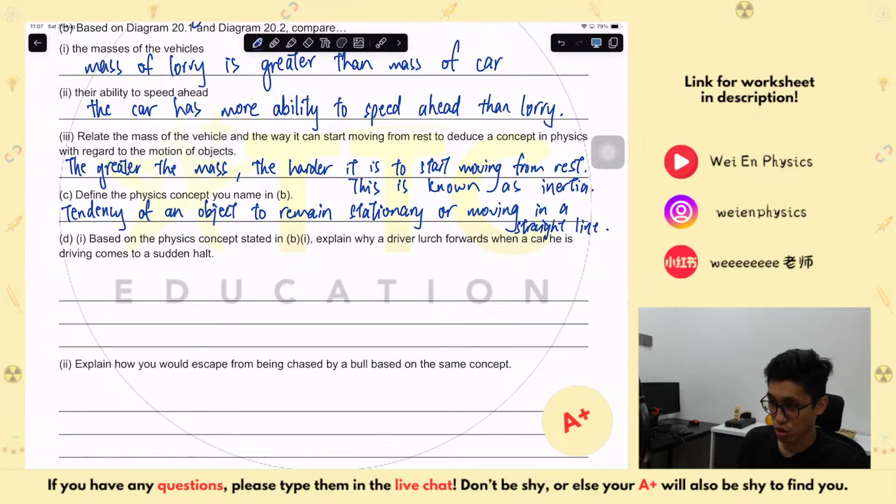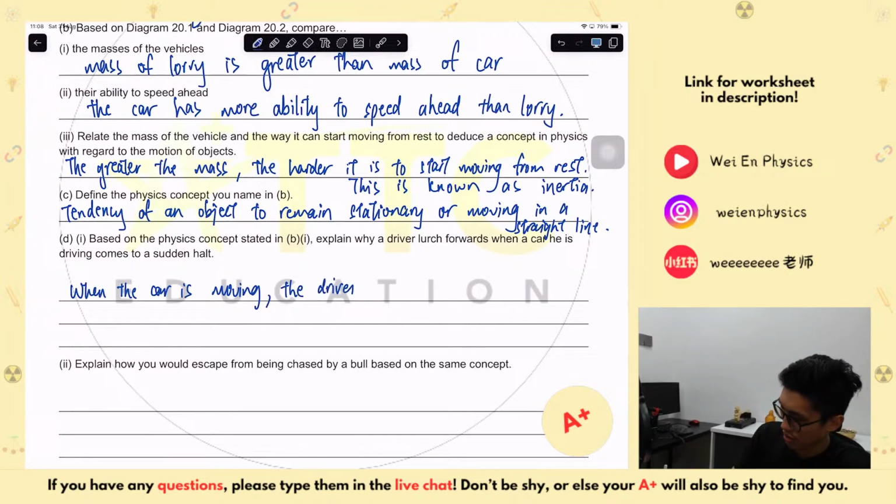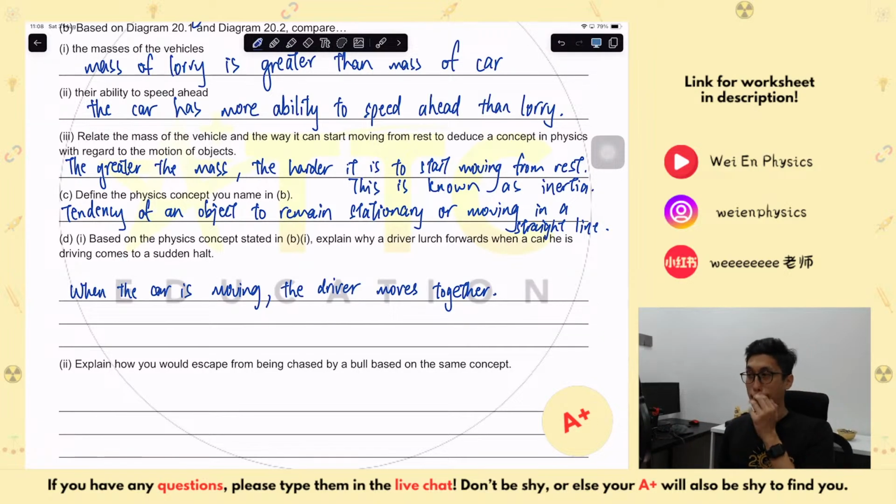The driver also moving ma. Right? So you say, when the car moves or when the car is moving, the driver moves together. Okay? When the car is moving, the driver moves together.